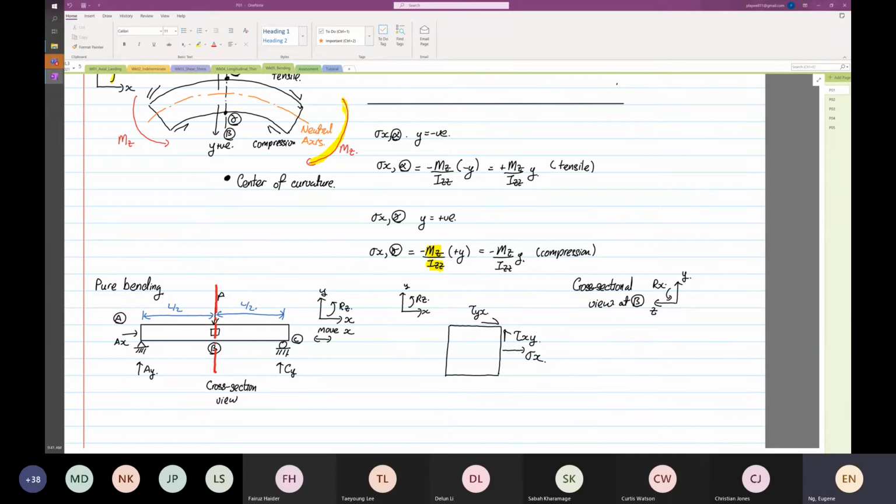If the cross section of our structure looks like this, our structure happens to have a rectangular cross section. This is our cross-sectional area. We cut it up, and at a point over here, this is known as my neutral axis.